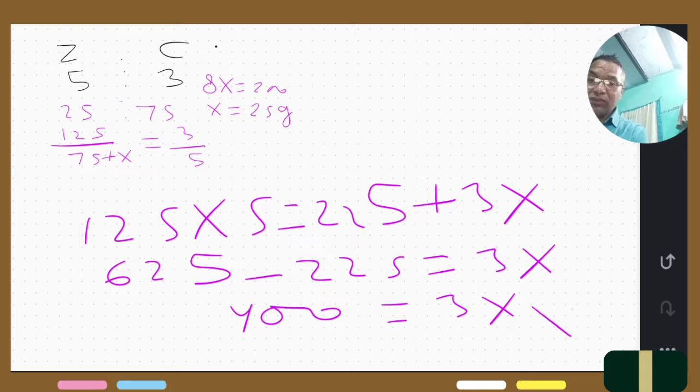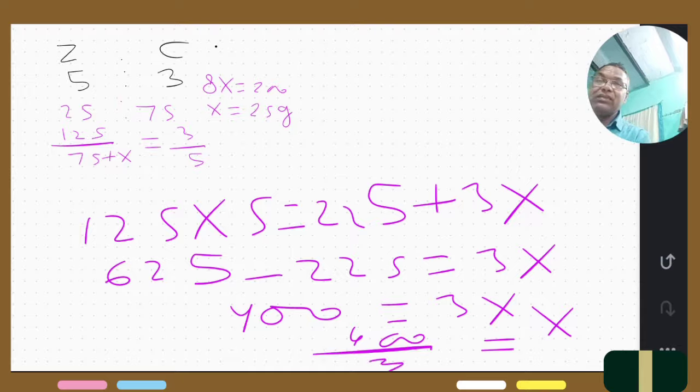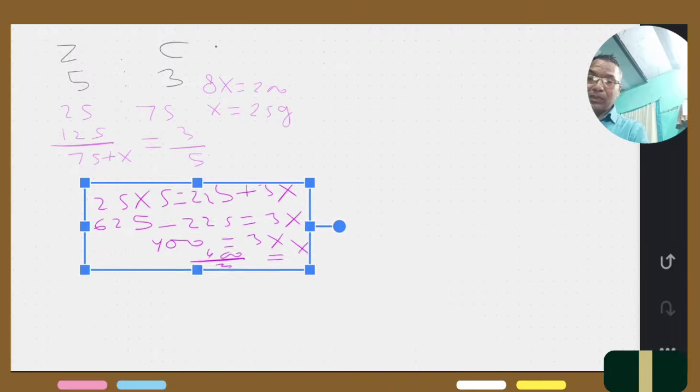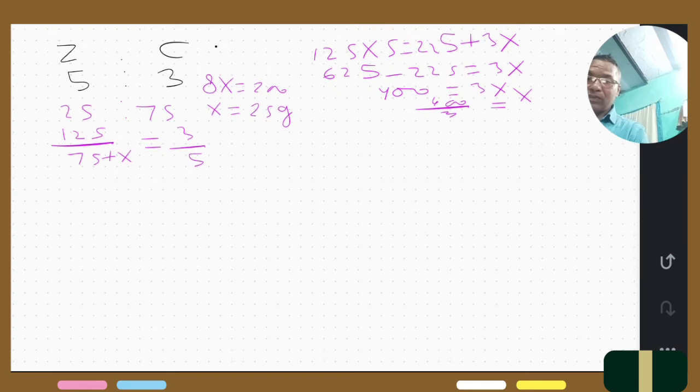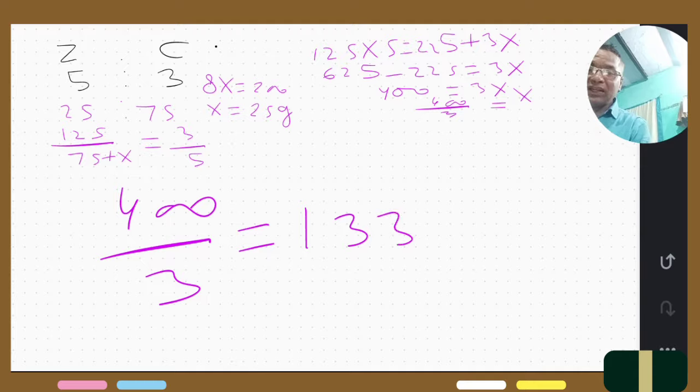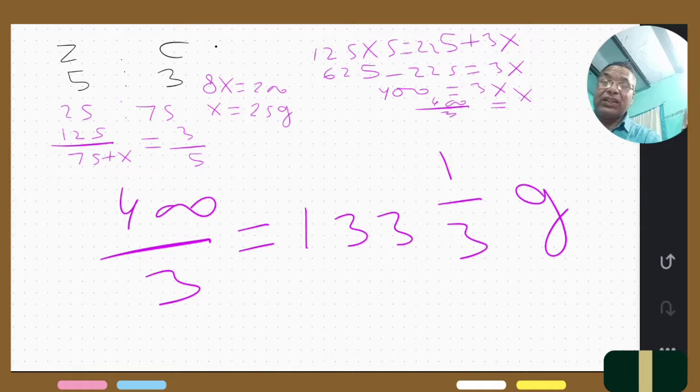So x is equal to 400 by 3, means 400 divided by 3 equal to 133 and 1 by 3 gram. 133 and 1 by 3 gram of copper should be added to get the ratio of 3:5.